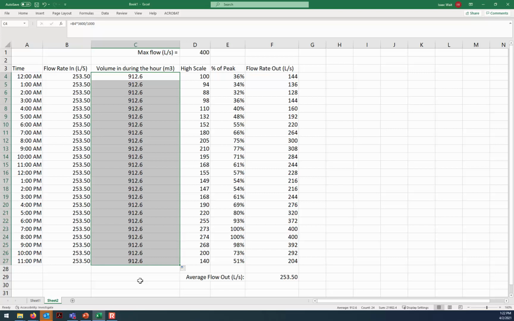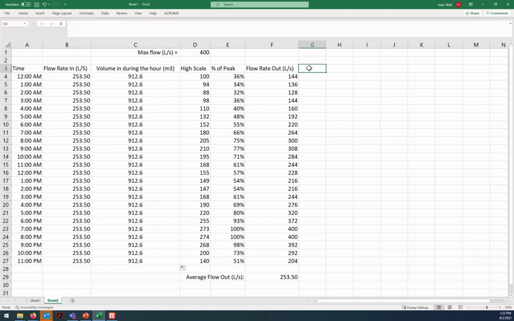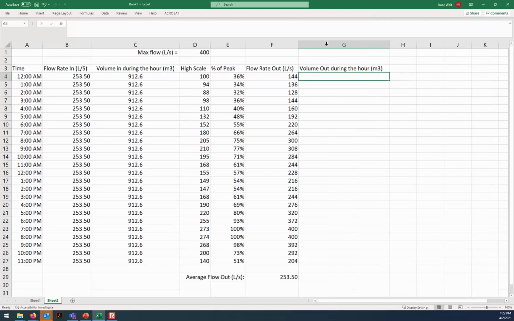And if it was a water treatment plant, then this would be the rate that we are taking water from the water treatment plant, and then the hourly volume. So that's in. Now let's think about the volume out. This isn't going to be the same every hour because our flow rate out is changing for each hour.